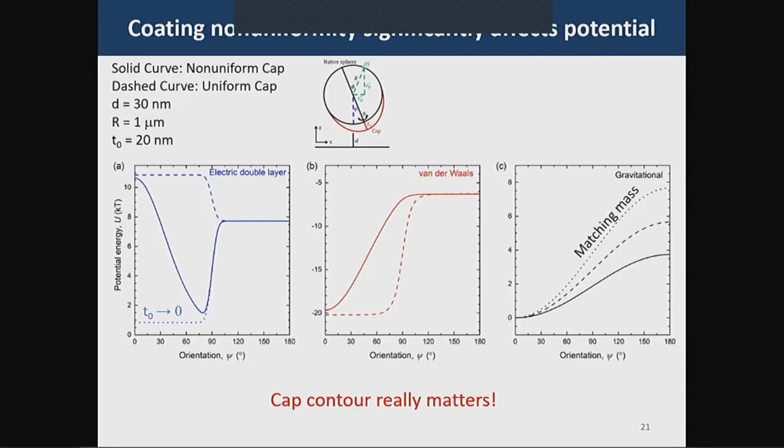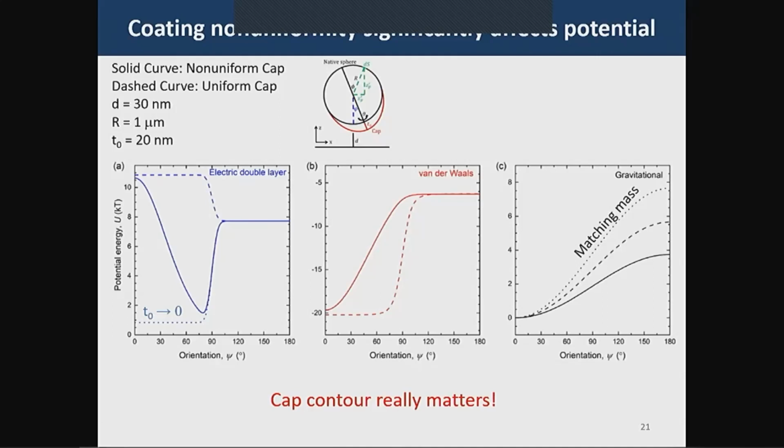So you can see that you really don't get any quenching contribution in the uniform cap case, but you do in the non-uniform cap case. And they're actually in somewhat different directions. In the van der Waals case, you get quenching in both situations, but the quenching is steeper in the uniform cap case.